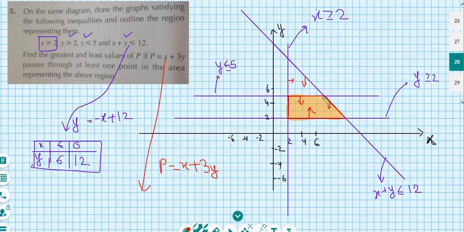So in this region, we have 4 corners. This point is 2, 5. The second corner is actually 7, 5. The third corner is 9, 2.